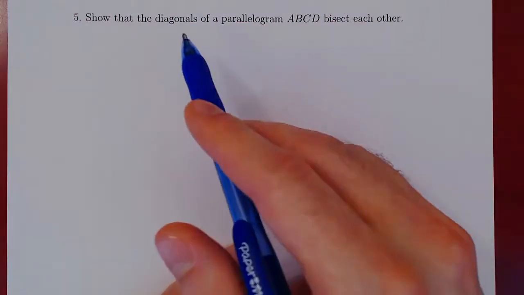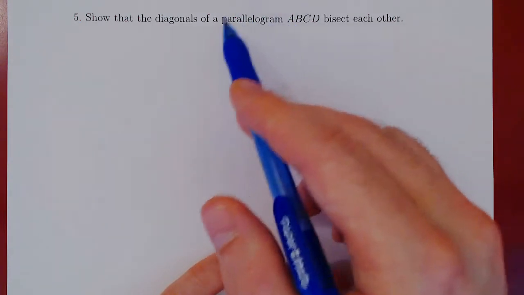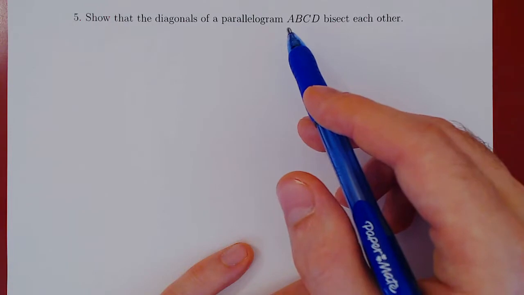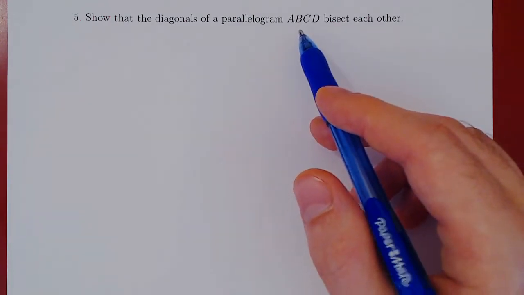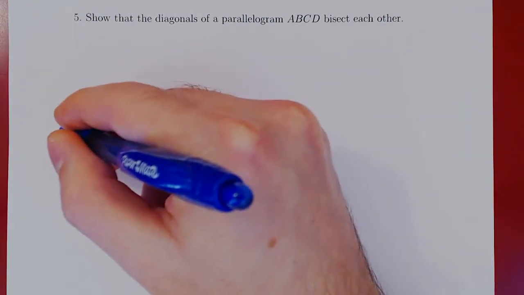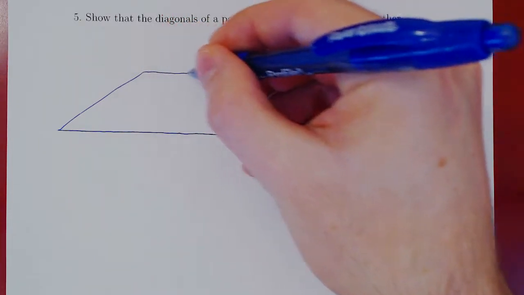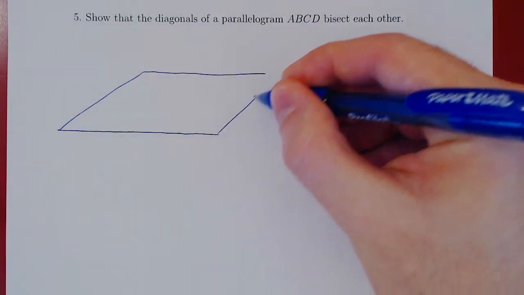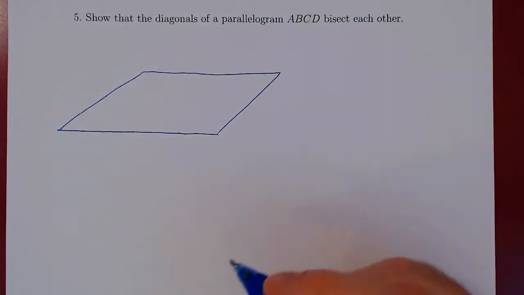So as always, we can draw a picture, but now we can actually explicitly draw a parallelogram because we are assuming that the quadrilateral ABCD is indeed a parallelogram. And as always, label the vertices counterclockwise.